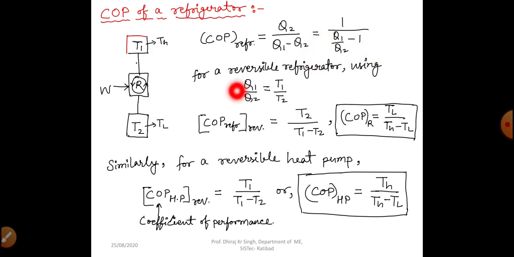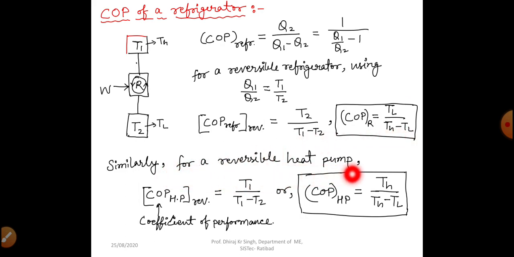For a reversible refrigerator, using Q1 by Q2 equal to T1 by T2, we can write 1 divided by T1 by T2 minus 1. So T2 will go in the numerator and the expression will become T2 by T1 minus T2, where T2 is T lower and T1 is T higher. So again we can write COP of refrigerator is TL by TH minus TL.